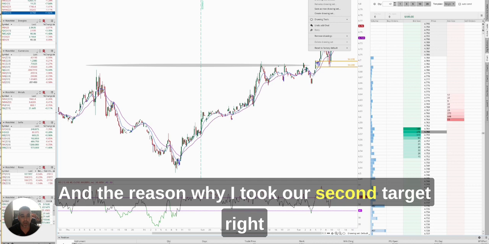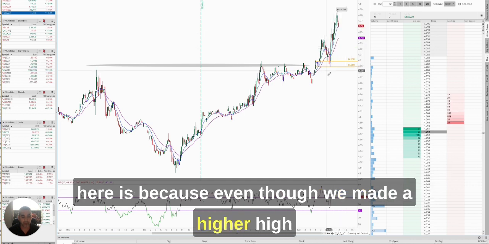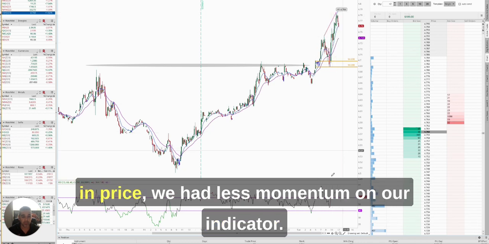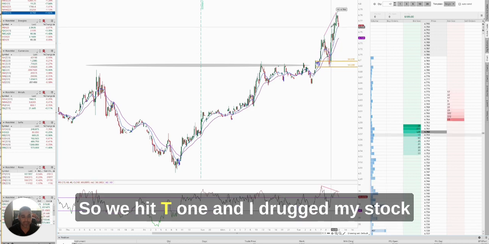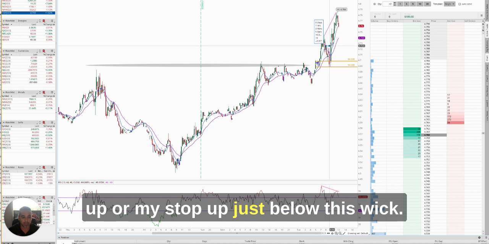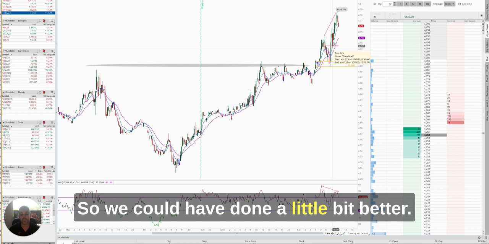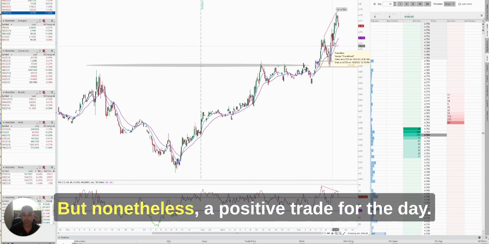The reason why I took our second target right here is because even though we made a higher high in price, we had less momentum on our indicator. So we hit T1 and I dragged my stop up just below this wick, and I actually got out right here. So we could have done a little bit better, but nonetheless, a positive trade for the day.